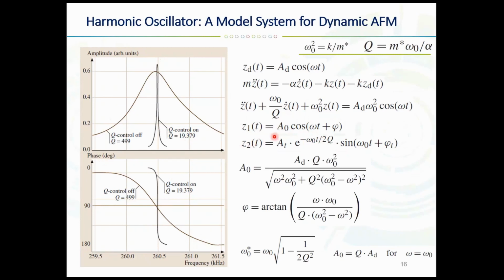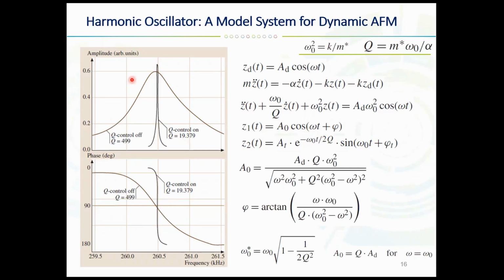If we evaluate this steady state solution as Z1, we can find the solution for the amplitude and phase of the oscillation, and both of these values are a function of the excitation frequency omega. So these are the equations for the amplitude and phase.